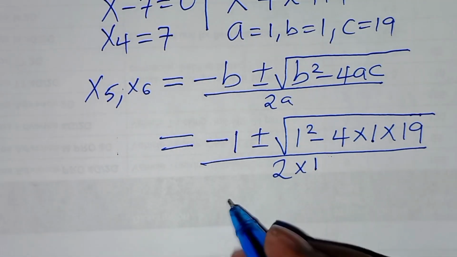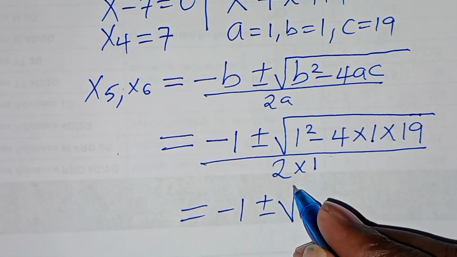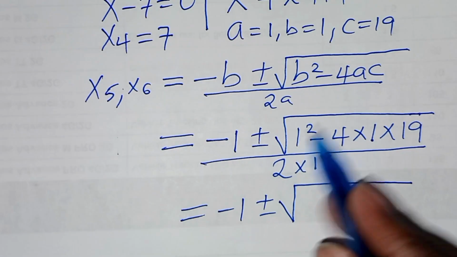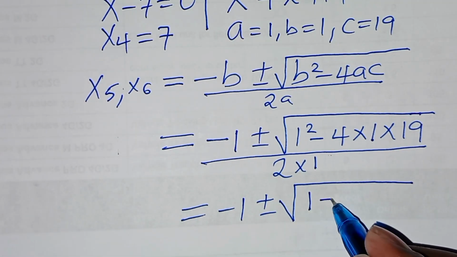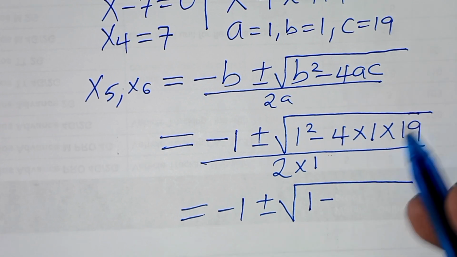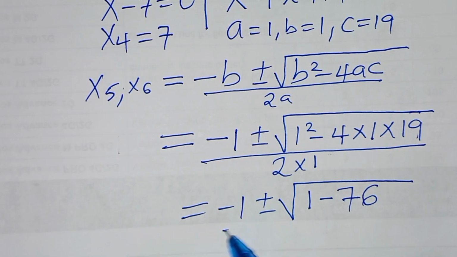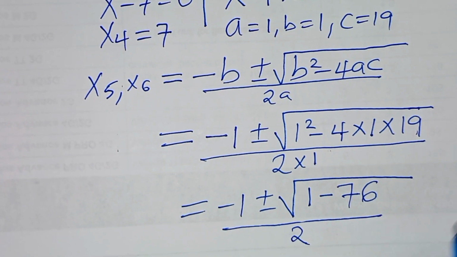Now we have 1 squared, this is 1, minus 4 times 19, and this is equal to 76, all divided by 2.